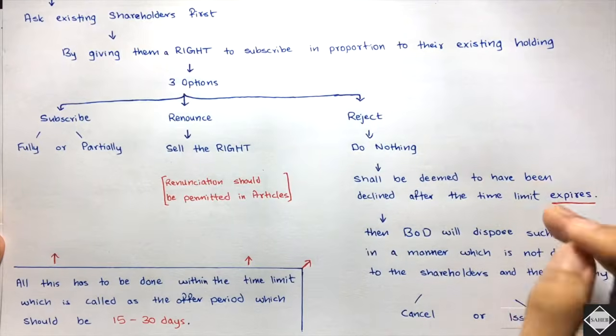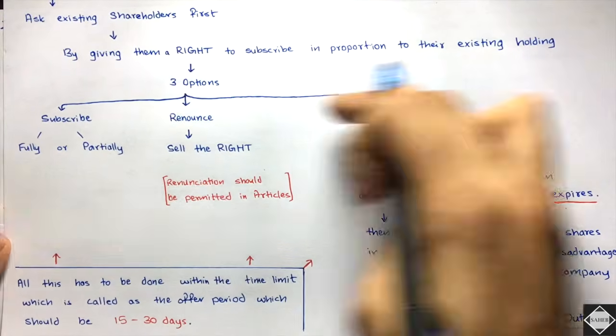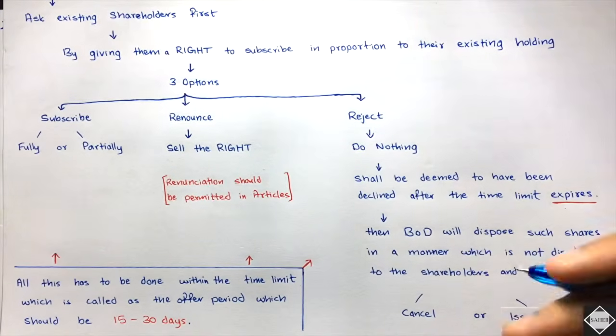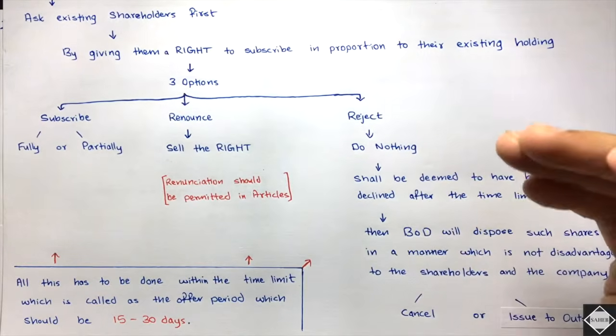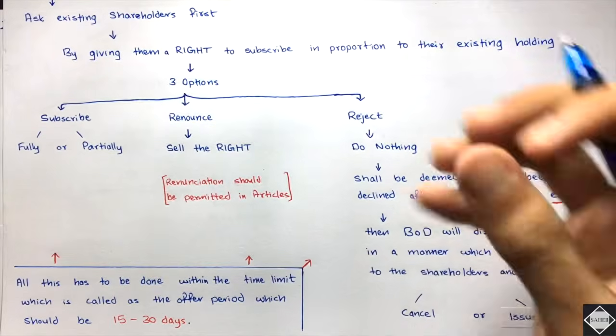If the right is expired, then from the company's point of view, this is from the shareholders' point of view: subscribe, renounce, reject. But from the company's point of view, what will happen? If you reject or do nothing, the right will be expired, but there will be some unsubscribed shares.